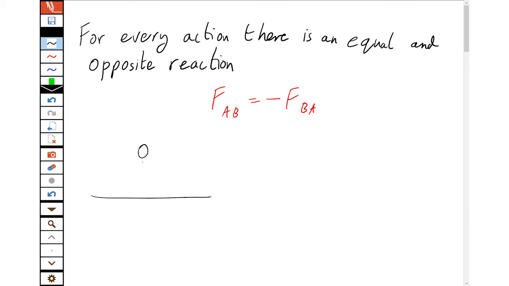Like, for example, let's say I'm here and I'm going to jump up in the air. Hooray! Well, I kick down with my legs. Now, how on earth does that actually make me move up into the air? I'm pushing down with my legs. Well, the idea is the ground exerts an equal and opposite force on me up, and that force is now greater than my weight, which we'll see later, and that's what boosts me into the air.